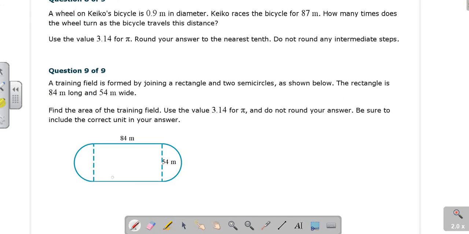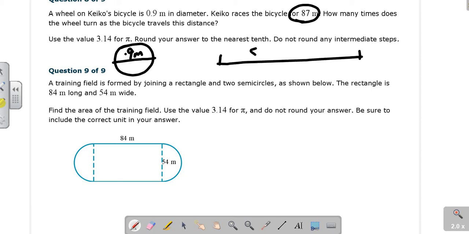The wheel is 0.9 meters in diameter. It races the bike for 87 meters. And when you say races the bike, what we're rolling along is the circumference. How many times does the wheel turn? That's going to be C equals D pi.